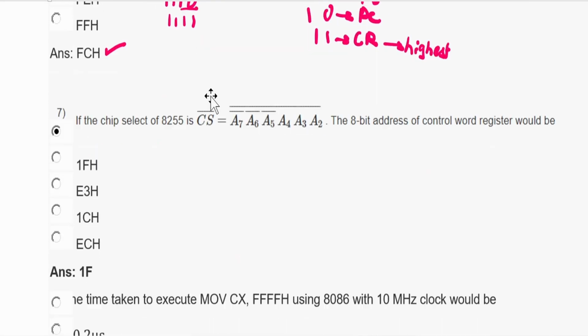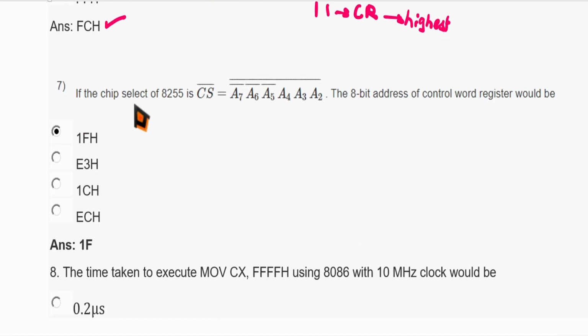Now let us see the next question. If the chip select of 8255 is CS bar A7 like this, the 8-bit address of the control word register would be, we have to find out. The address for port A, port B, port C and control register are decided by the address lines A1 and A0.